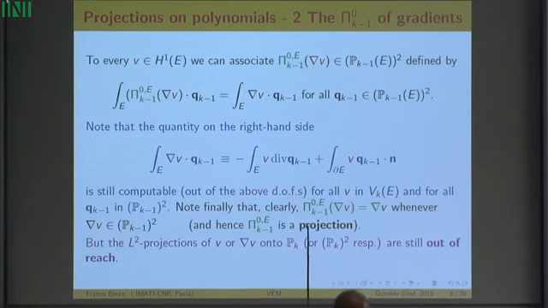You might be interested in having the projection on P k, even though the accuracy that you are after is k, so for the gradient k minus 1. Okay. So what do you do for that?